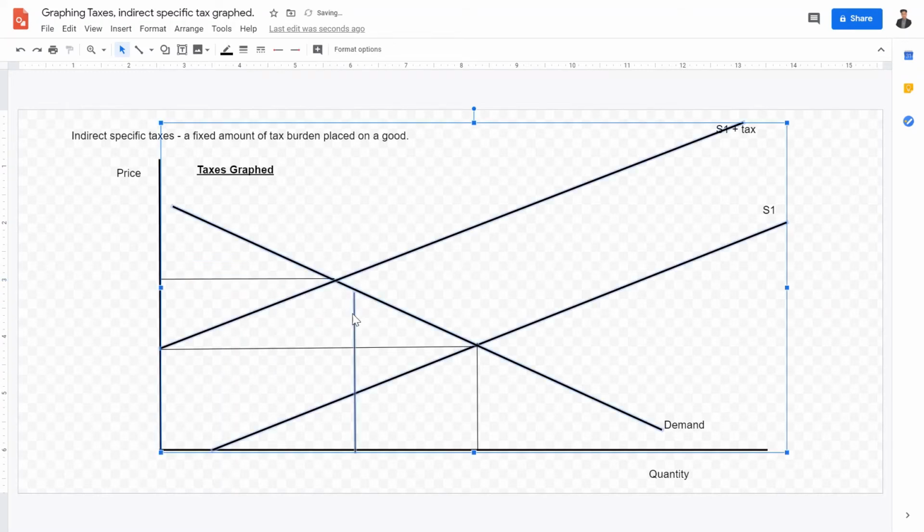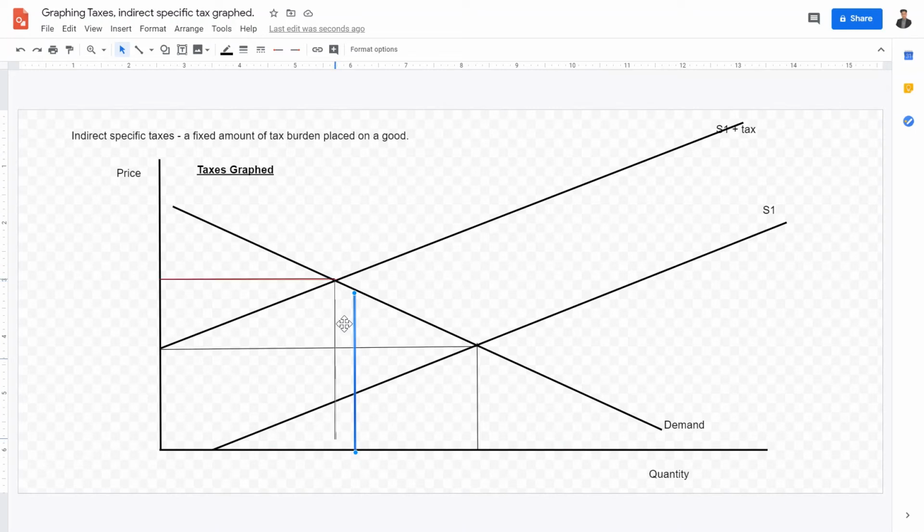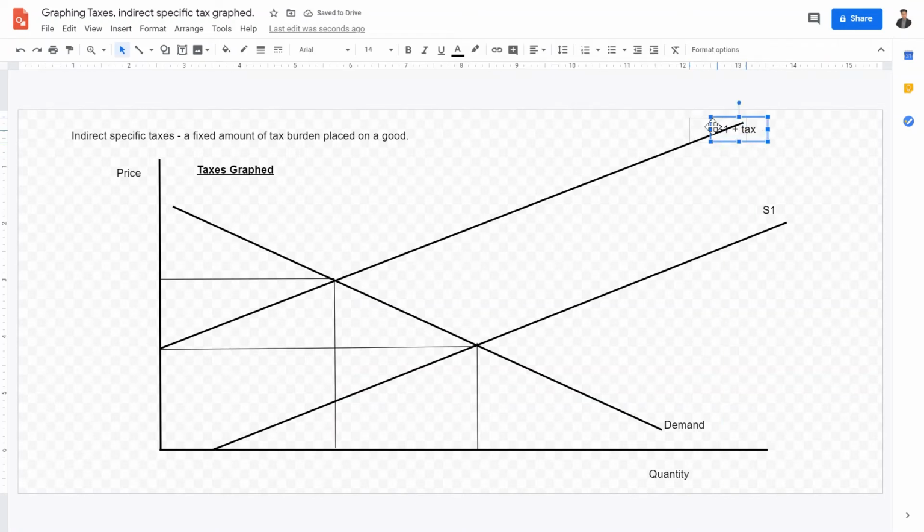Okay, so we can see that with the levied tax, the quantity demanded decreases because of the higher prices, and the price for the good increases.